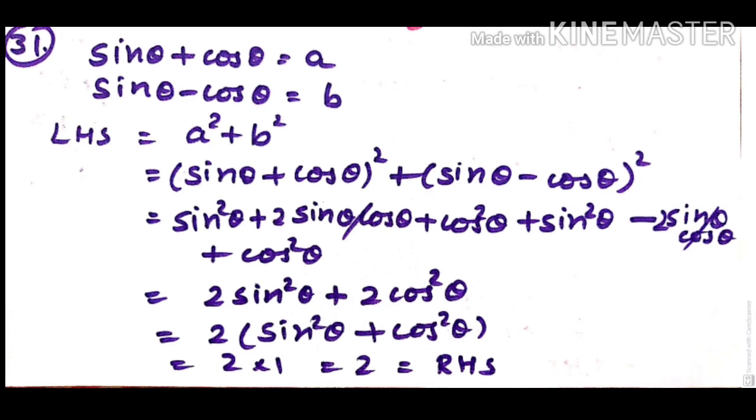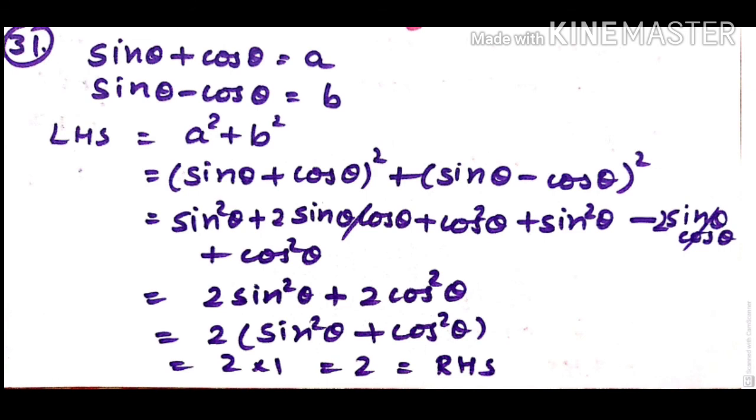Now whenever it is whole square, it means A plus B whole square type of expansion we have to do here: sin square theta plus 2 sin theta cos theta plus cos square theta, and the second bracket is A minus B whole square type of expansion. So sin square theta minus 2 sin theta cos theta plus cos square theta.